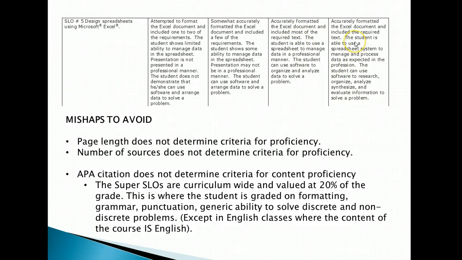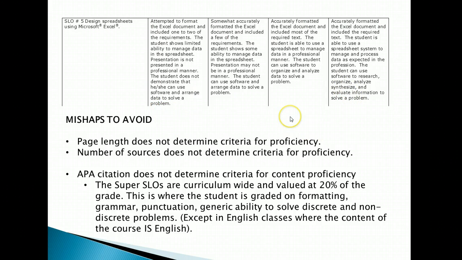We really describe what technological skill we expect them to have here. They use that spreadsheet to manage and process data. They can use the internet to research, organize, analyze, synthesize, and evaluate information to solve a problem. So we're asking them to solve those problems using information literacy, their technological skills.